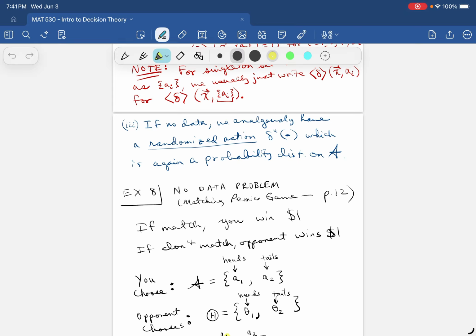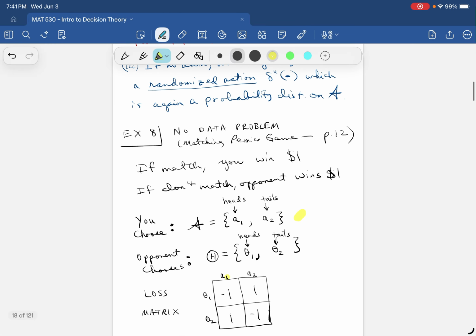Okay, so let's say you choose is the action, and we'll say that little a1 means you chose heads, little a2 for tails. And then your opponent, of course, that's the unknown part of this. So your opponent, if they choose heads, that'll be theta 1, and then if they choose tails, that'll be theta 2. So since we have a finite number of actions and a finite number of possibilities for the parameter, we can just look at a loss matrix.